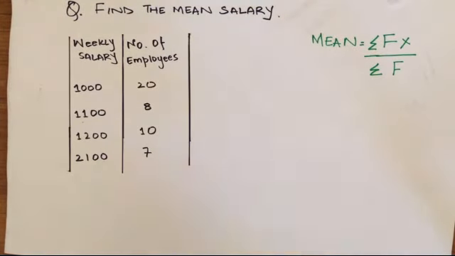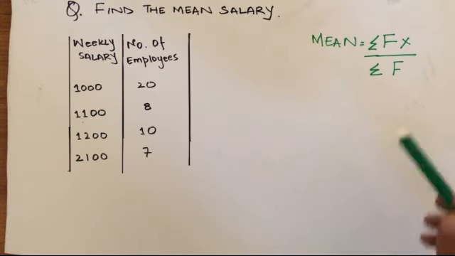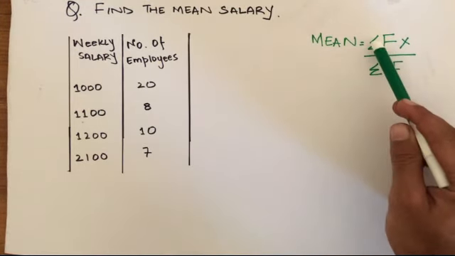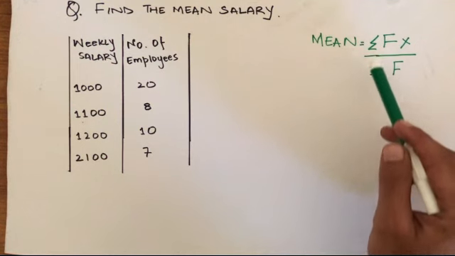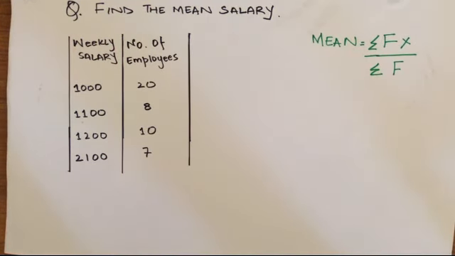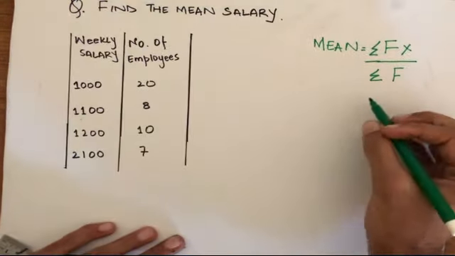Here we have a formula for the mean. This symbol right here is called sigma. Sigma basically means total.